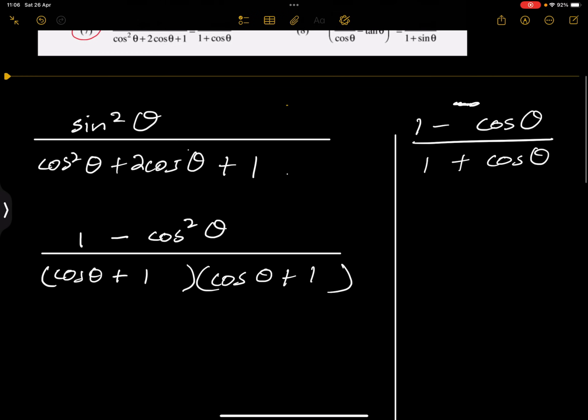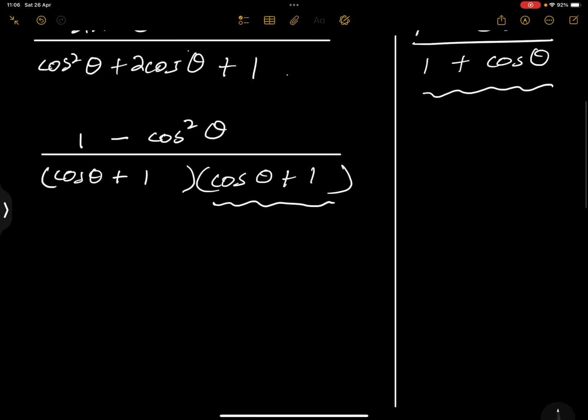Now, we already have something that to some extent looks like what we have on the right-hand side. We just need to get rid of one of them. But if you look at what we have at the top, that is what we call a difference of two squares. I've already shown you in our first video how that works.